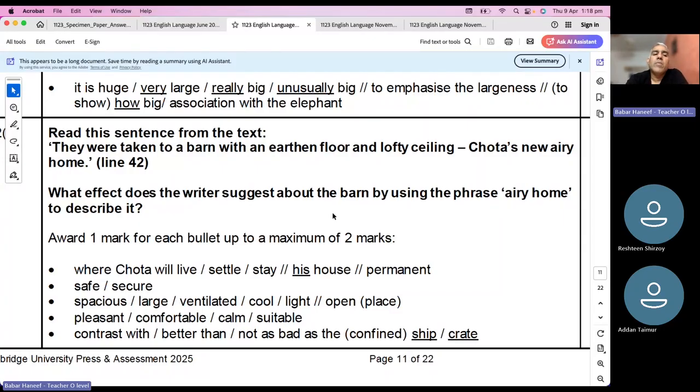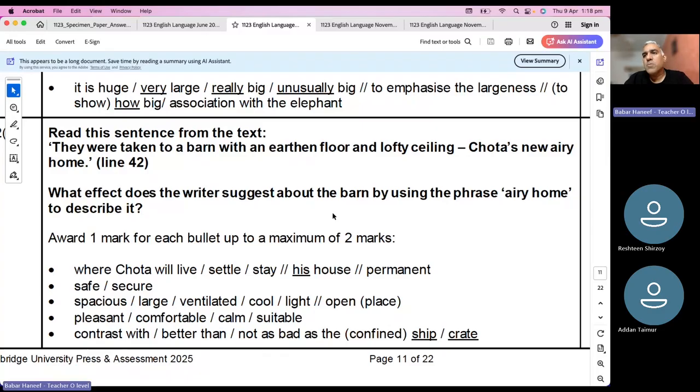So, new airy home. Home is something that belongs to you. It's your settlement where you stay, where you feel at home. We can refer to home as a settlement, and airy is something which is very cool or spacious. Remember air with airy home.